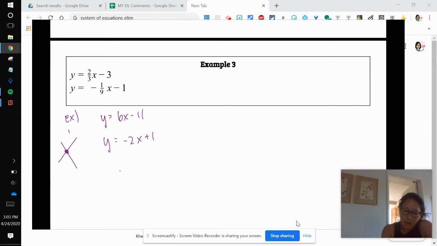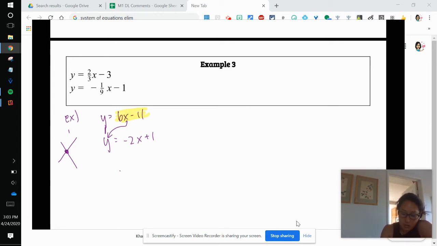So right now, I see that 6x minus 11 is equal to y, but these two y's are really the same. So I can go ahead and substitute 6x minus 11 into the y in the second equation.